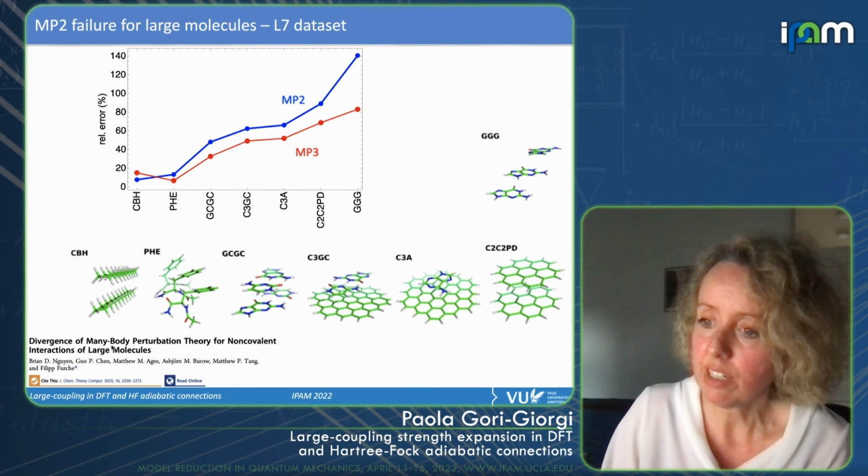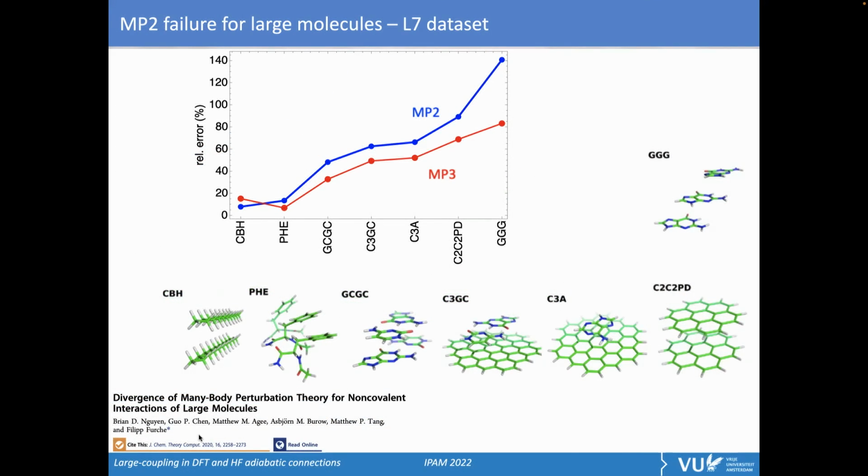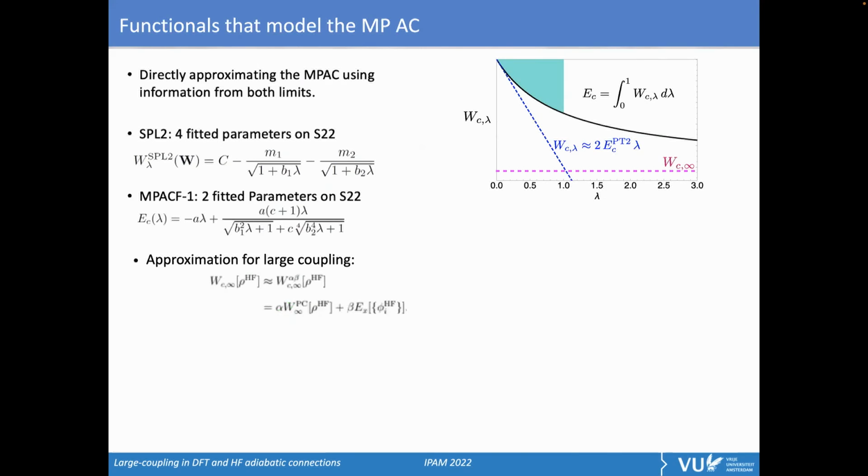So there was recently this quite nice paper from Philip Furken and his co-workers, and they showed that MP2 has an error that increases with the system size. So this is a set of 7 molecules for which they have shown this, and we will consider this kind of system to see if we can correct MP2.